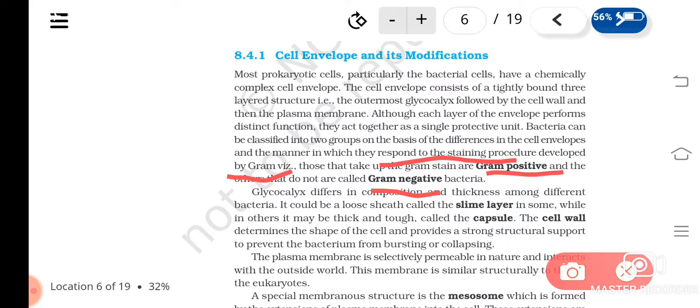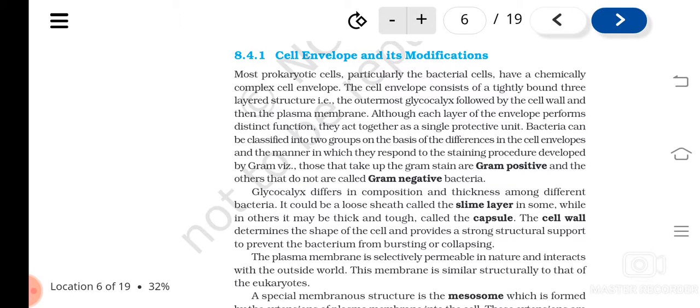If they do not retain the color of the stain, then they are known as gram negative. And why does this difference come? Because of the differences in the cell envelopes, there will be differences in the chemicals, so on that basis they respond differently. One will retain the stain's color and the other will not. This color difference is due to the difference in the chemical composition of their cell envelope.